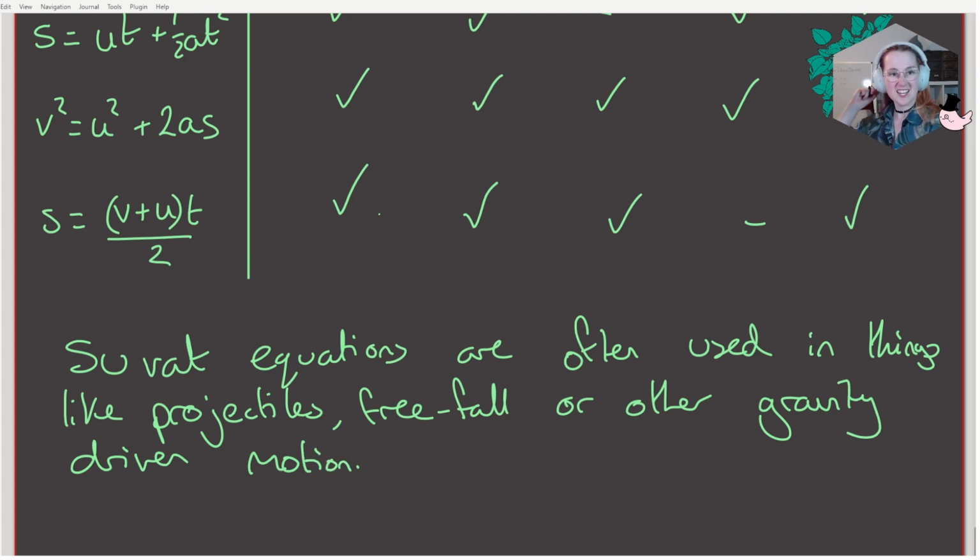So there might be some initial, like if I'm throwing something, it's still a projectile because as soon as it's out of my hand, I have given it that initial velocity and then it's just constant.